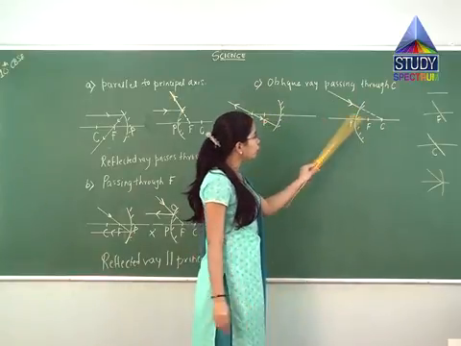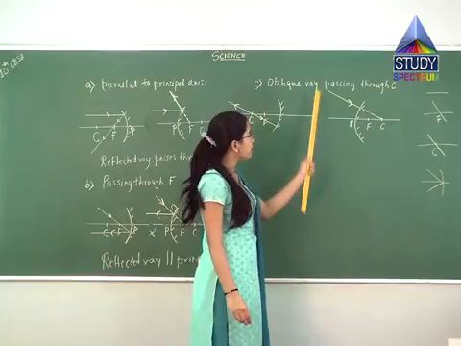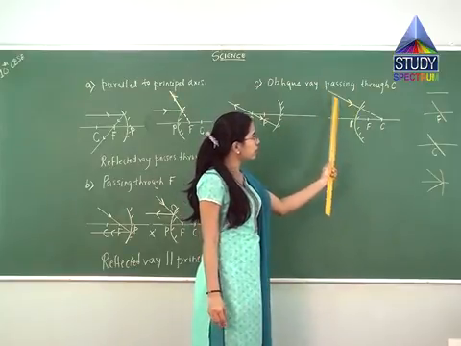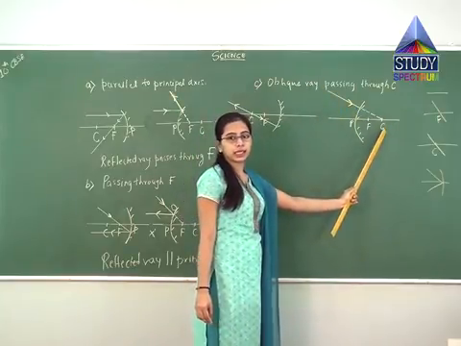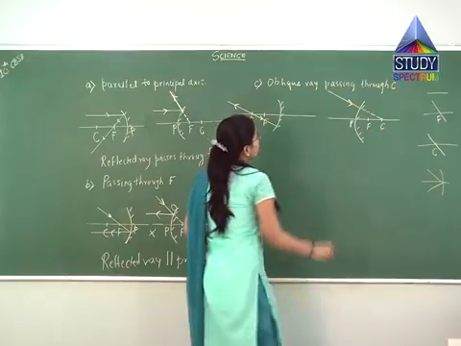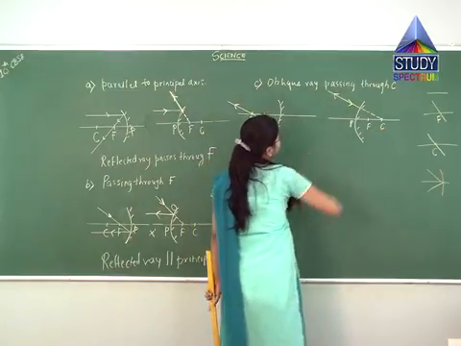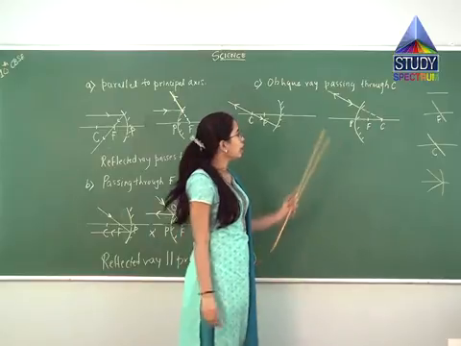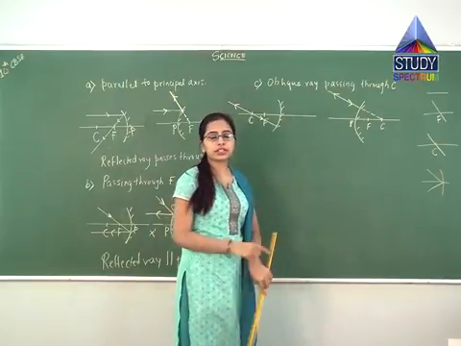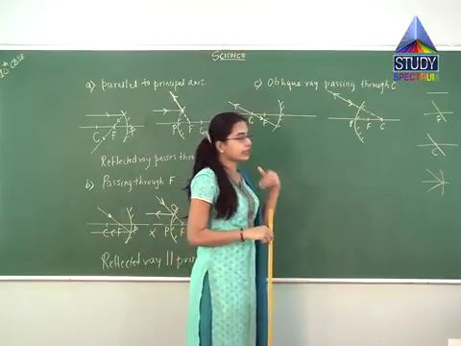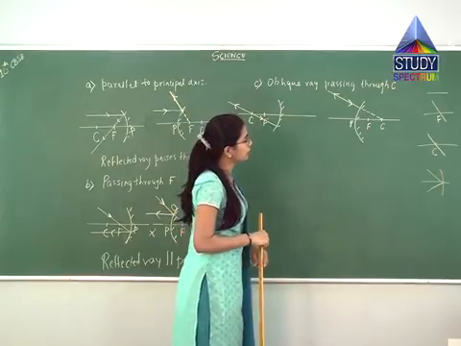Okay. Now you will observe that your incident ray is in the direction of C, but it will get back reflected. Means the reflected ray is traveling by the same route of the incident ray.